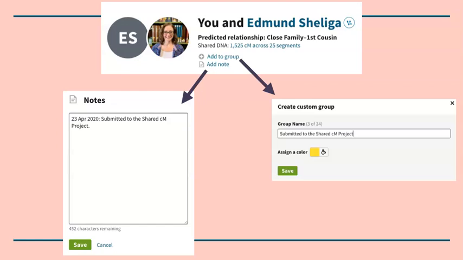You could put a note in there saying that you submitted to the Shared Centimorgan project, or you could even assign one of the group colored dots, and call anyone that you give the yellow dot to in your shared DNA matches that they were submitted to the Shared Centimorgan project.